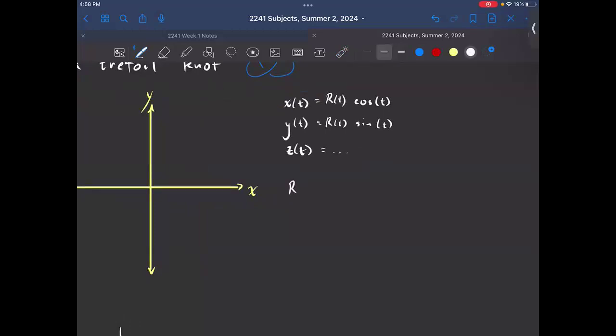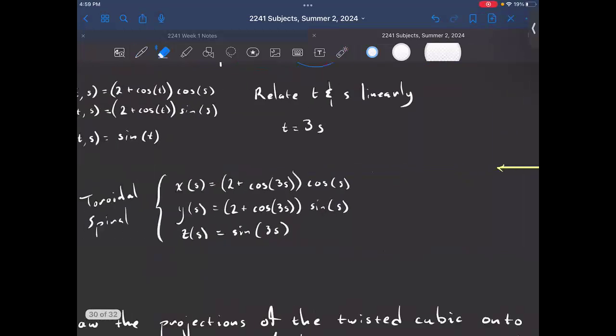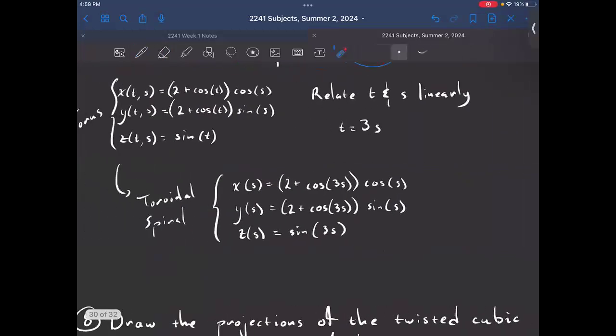So r of t will be 2 plus cosine of, well, what should go in here? Well, we can think of a slightly different period or slightly different relationship between t and s. So it's actually something on the torus.